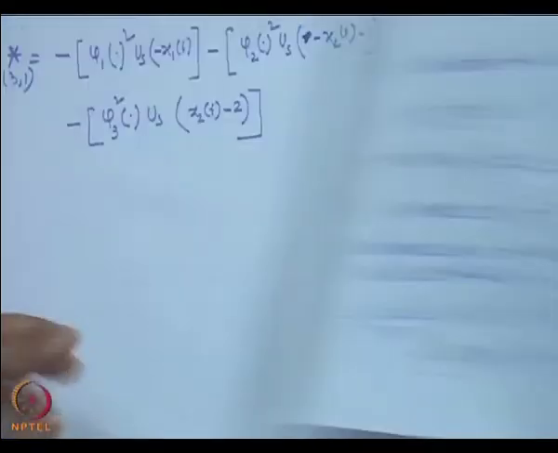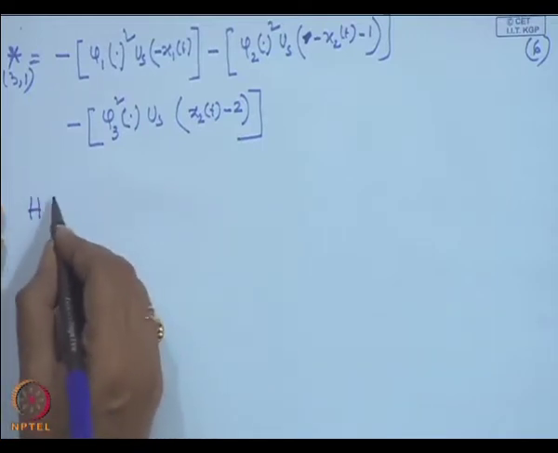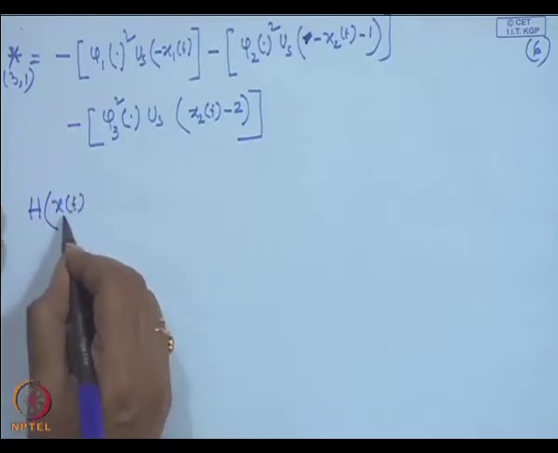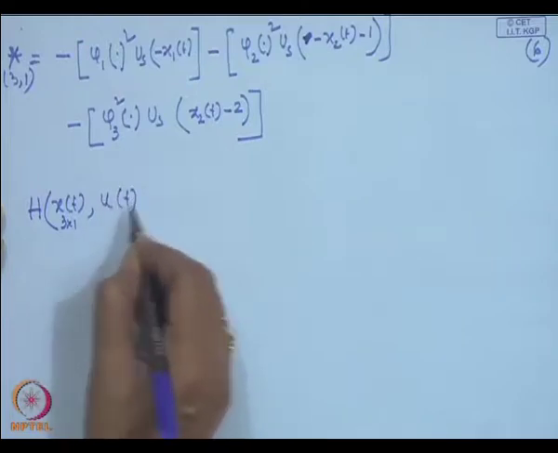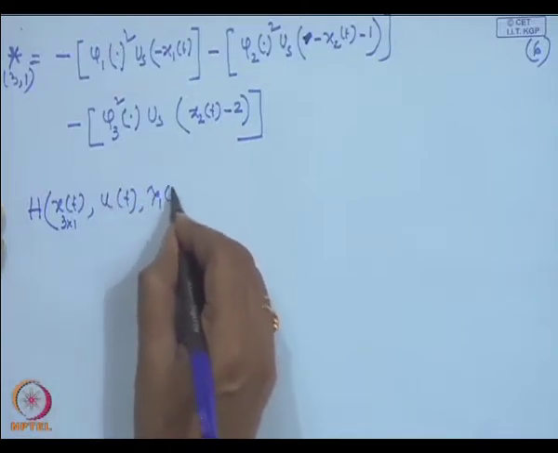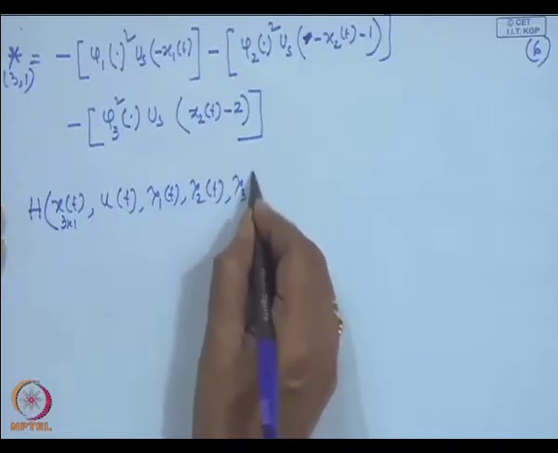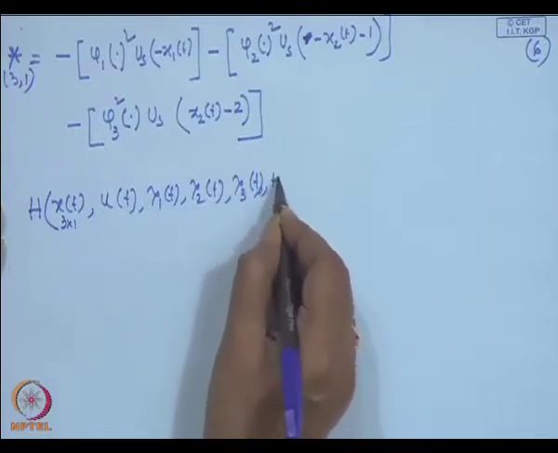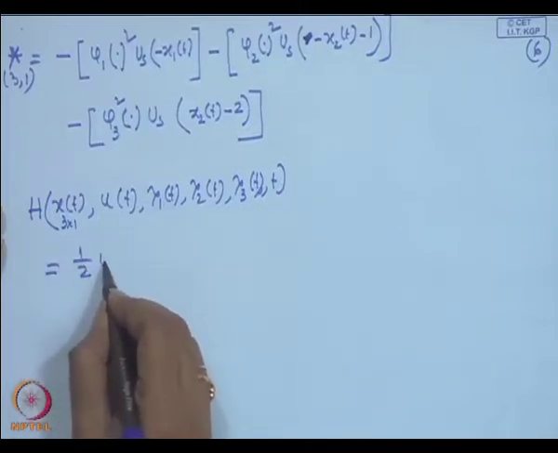So, I am writing this Hamiltonian function H of x 1, x 2, x 3, u of t, lambda 1 t, lambda 2 t, lambda 3 t, which is equal to half u square.